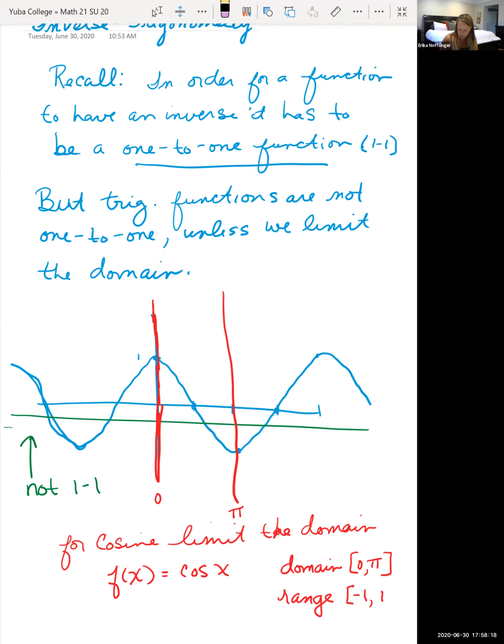And so here we can say that our domain is between -1 and 1, and our range has to be between 0 and pi.